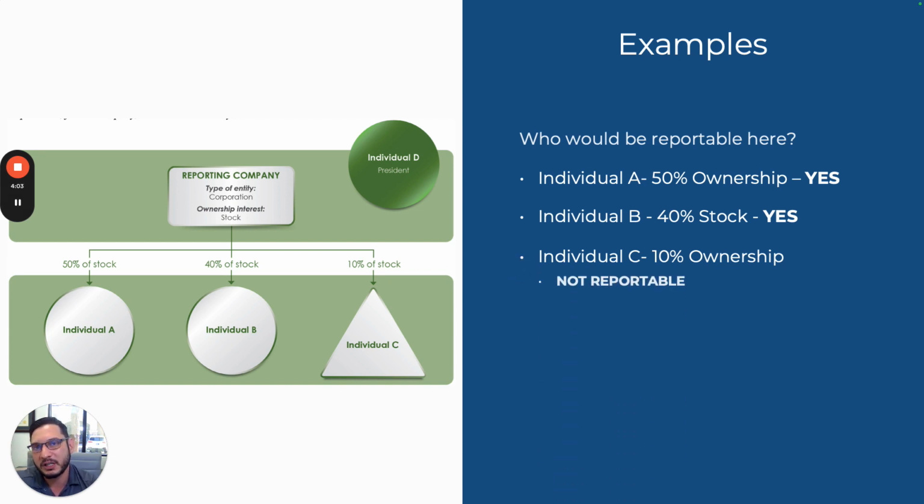That is not going to be reportable because they have less than 25% equity in that corporation. Individual D doesn't own anything, but he is the president of the company. That is going to be reportable because he has substantial control. So in this situation, we have 3 beneficial owners that need to be reported on that CTA report.